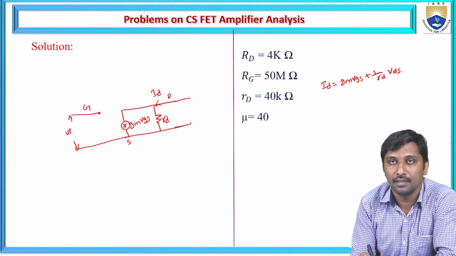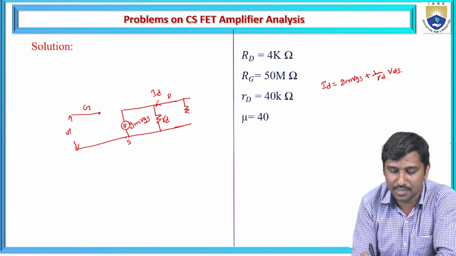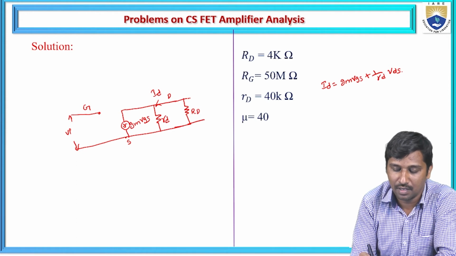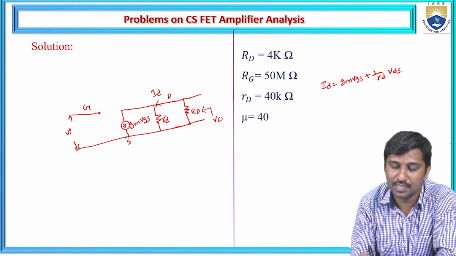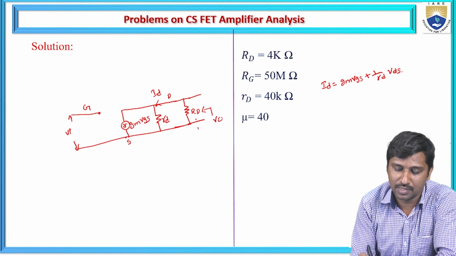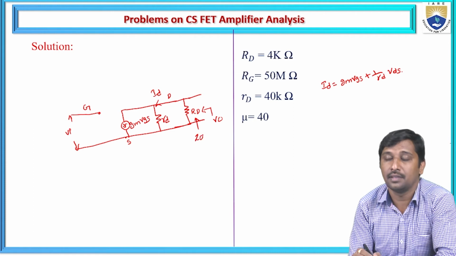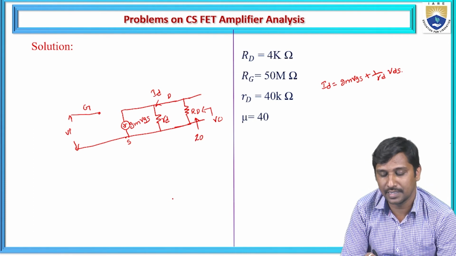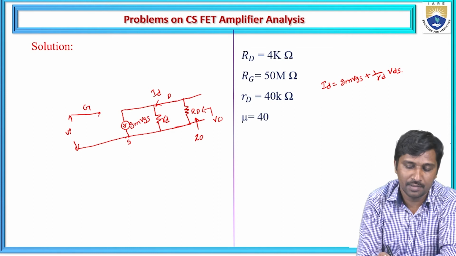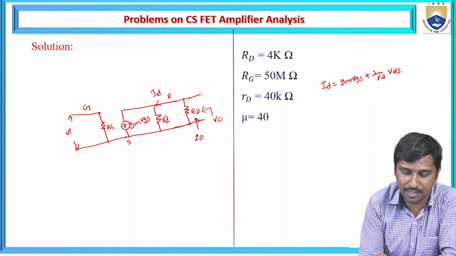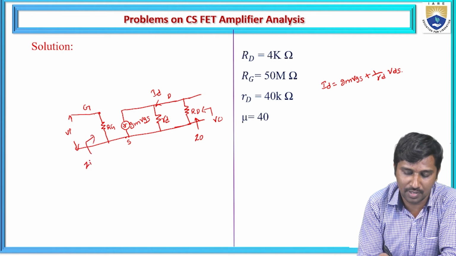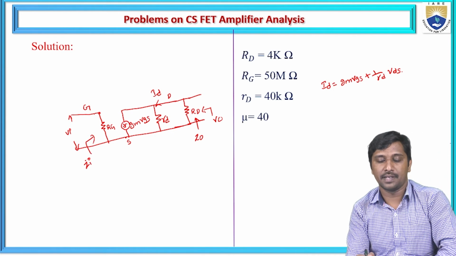Externally we place a load resistance that is represented as capital RD. Now across this point we are going to calculate the V0, and similarly the total output impedance Z0. The input side is biased with an external resistance, that is RG. Hence here we need to calculate the input impedance.